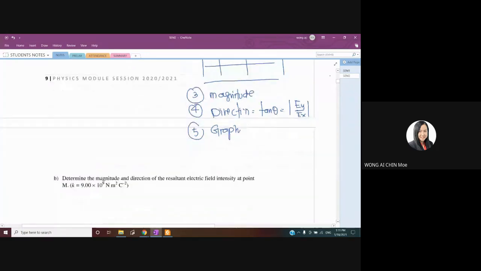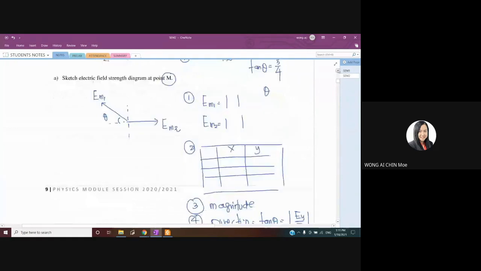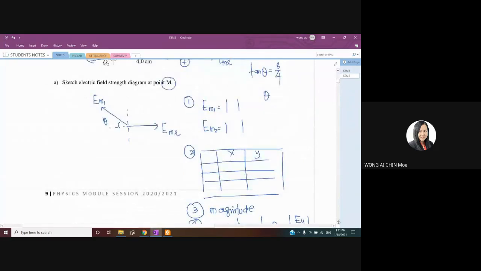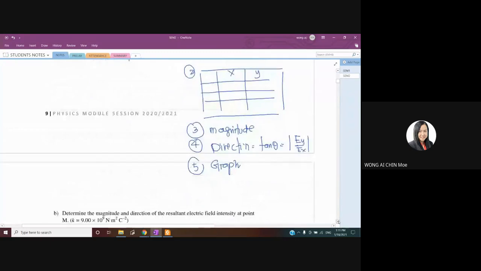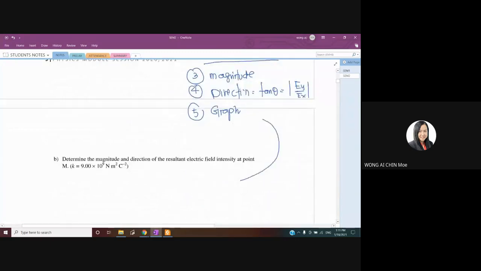This is just now 1. This is sketching. So step 1 until step 5 is actually to answer question B.